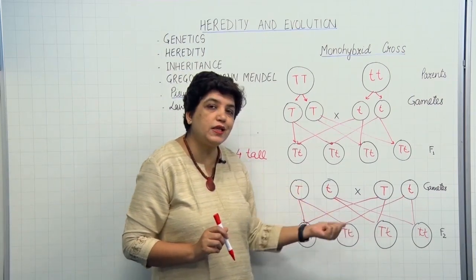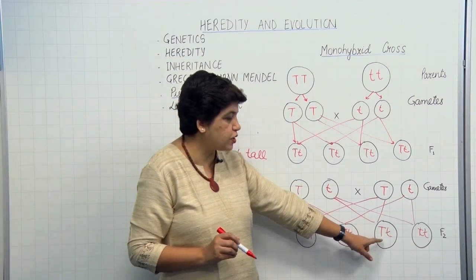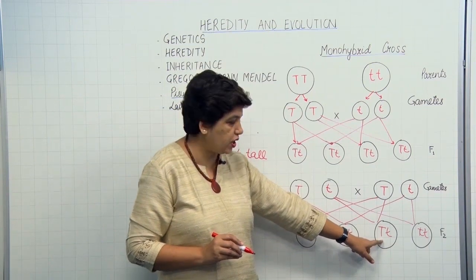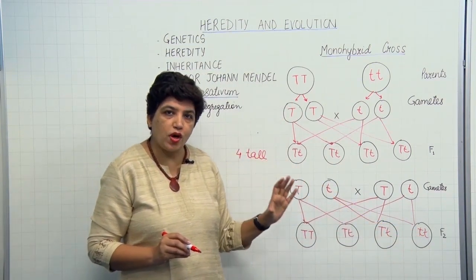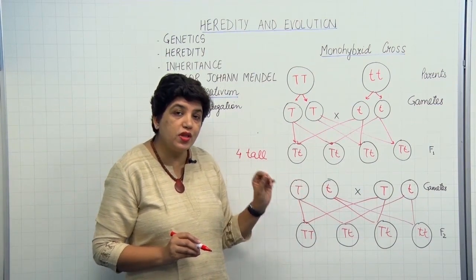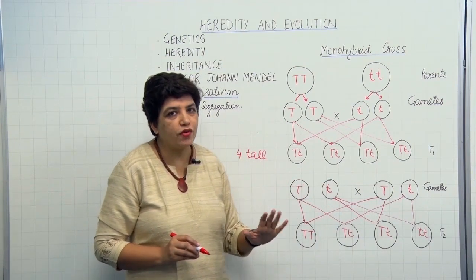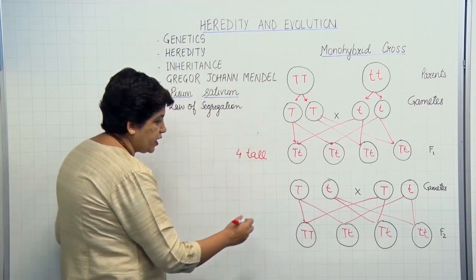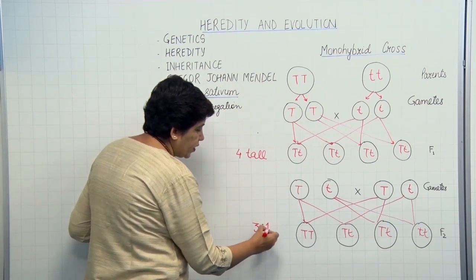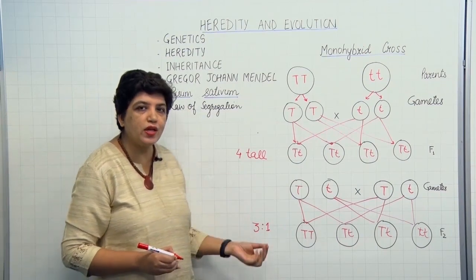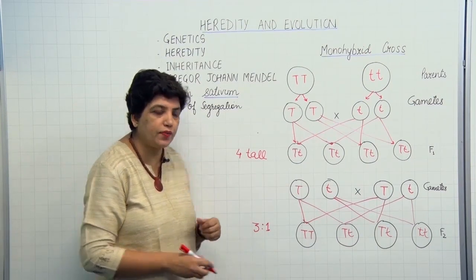Next, this plant again will be tall because of the presence of one dominant gene. But in this case, notice, both the genes are dwarf, that is small t. So this plant will be dwarf. So in this F2 generation, what was found? That there were 3 tall and 1 dwarf. Tall and dwarf plants were in the ratio of 3:1.